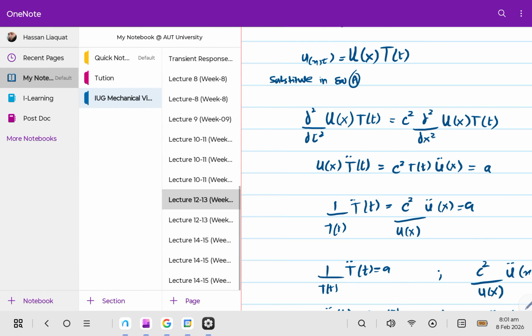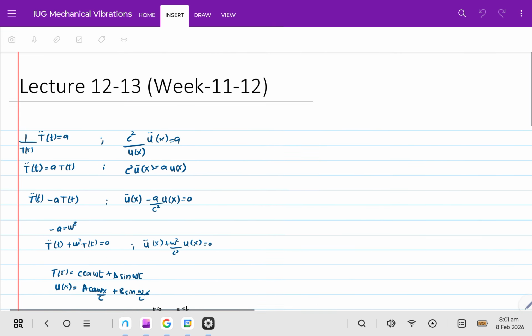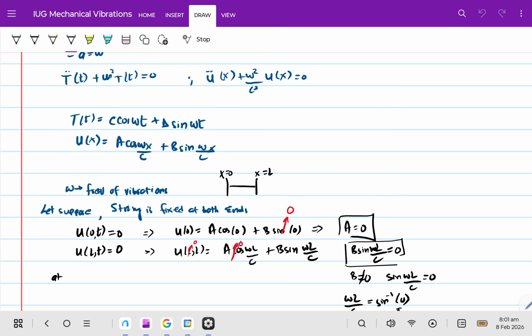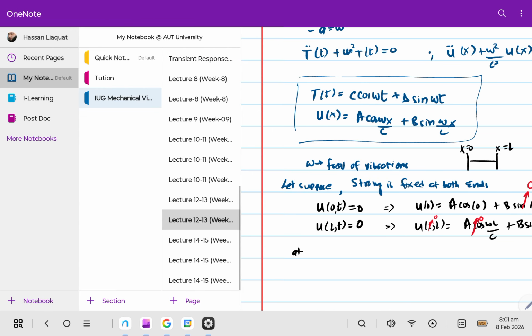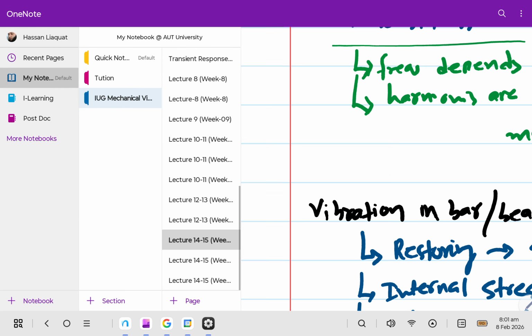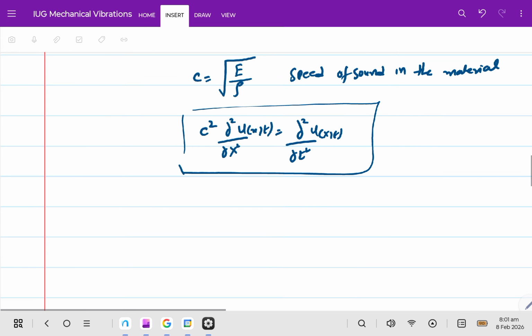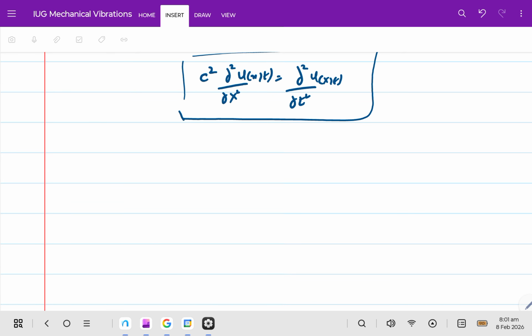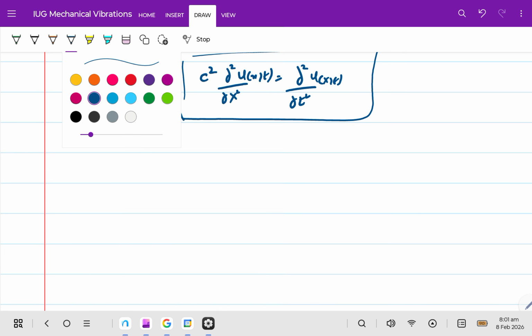We separated all the differentiation with respect to position from all the differentiation with respect to time, and at the end we reached an equation for u and for t. So we can directly substitute that into our solution. I'm not going to perform all those steps because they're the same steps.